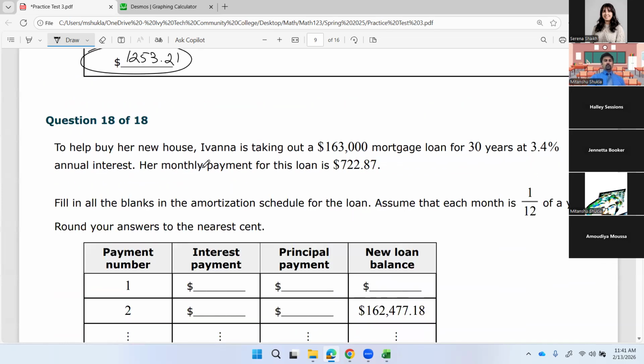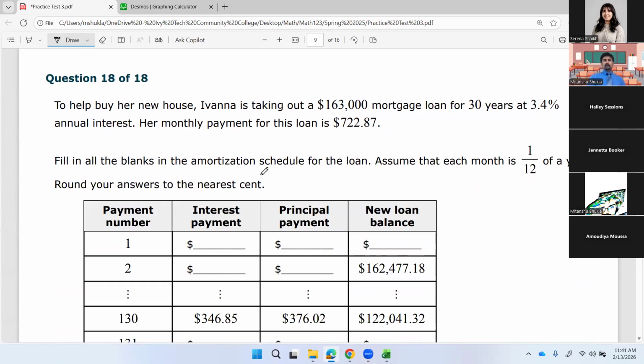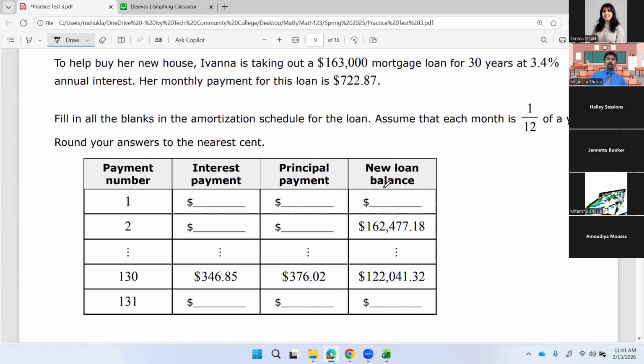Okay. So this is called an amortized loan. And I'm going to give you guys some formulas. So my interest payment is always going to be equal to my loan balance multiplied by my rate divided by 12.